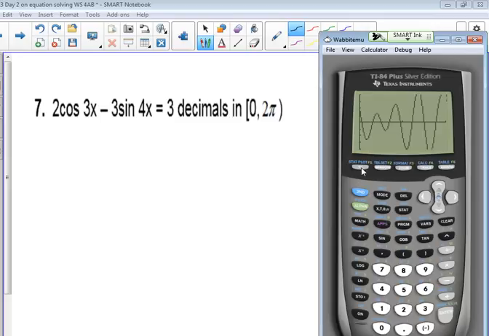Yeah, put another equation in that says 3. I'm even going to go back and make mine bold just to be difficult, but you don't have to. How many intersection points? You arrow to the left and then hit enter, and you can choose from some things.